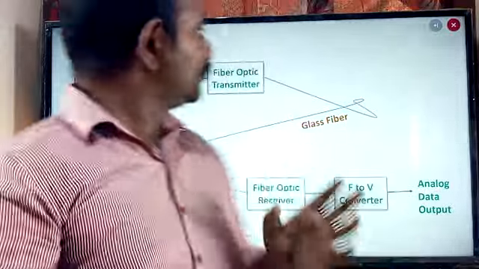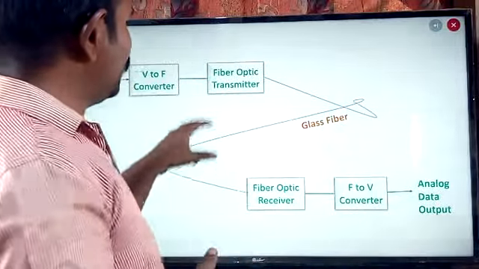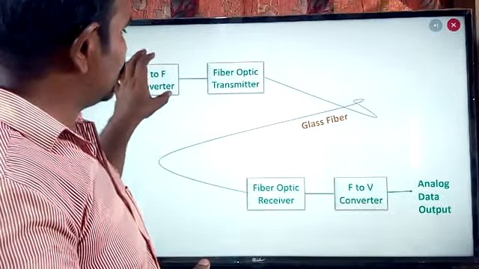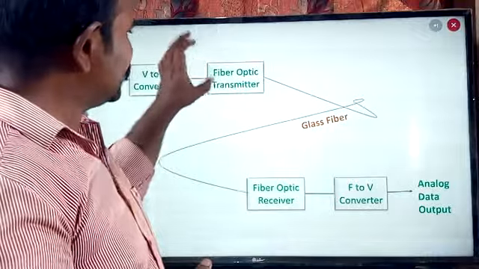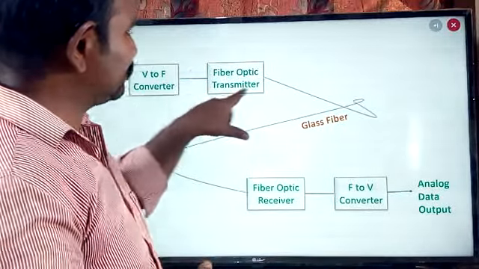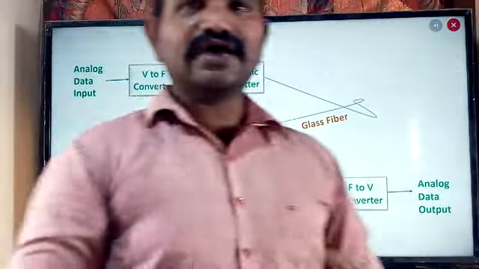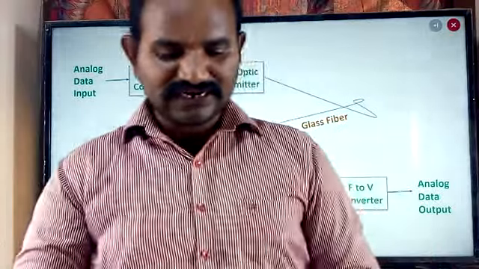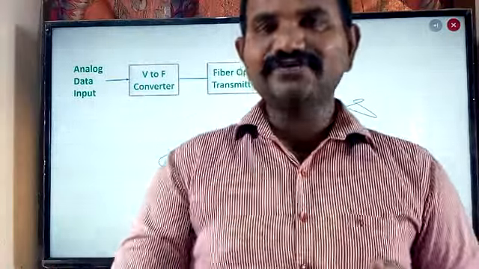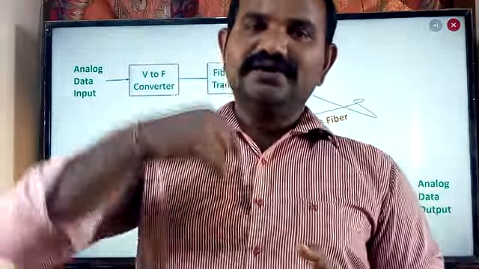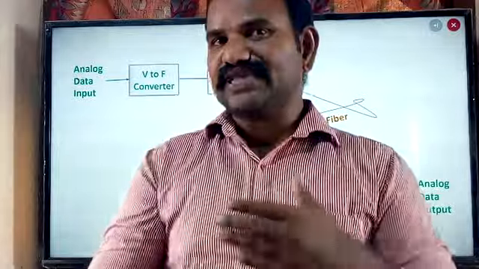In order to send the information through the optical fiber, the information should be given as an input to the transmitter. Inside the transmitter, we are using the laser or the LED to drive the information in terms of light, not in terms of the electrical signal.